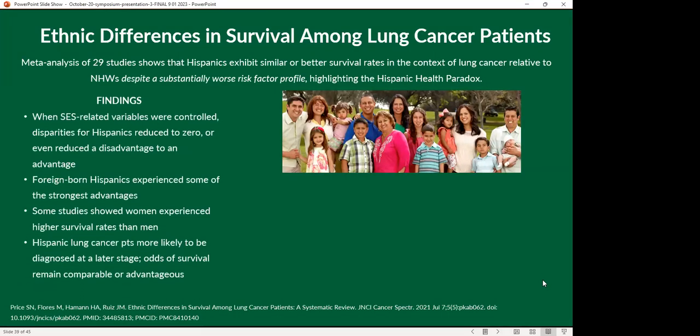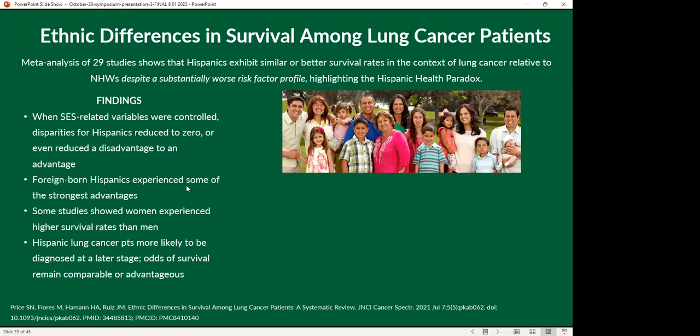And I'll tell you why I wanted to show you this study. So when socioeconomic and social related variables were controlled, disparities for Hispanics reduced to zero, or even turned a disadvantage into an advantage.